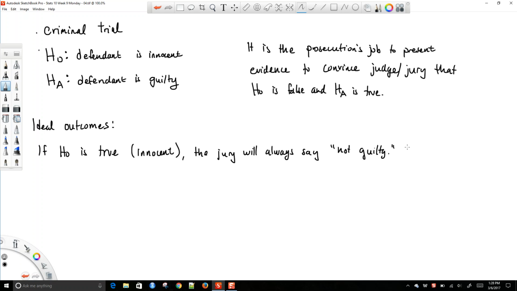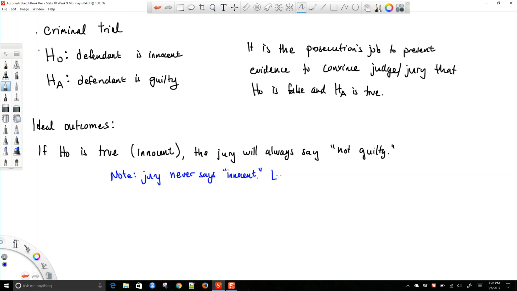Notice when the jury comes to a conclusion, they always say guilty or not guilty. The jury never says we, the jury, find the defendant innocent. In the same way, when we do hypothesis testing, we never say the null hypothesis is true. We say we do not reject the null hypothesis. So the jury will always say not guilty, and note the jury never says innocent.